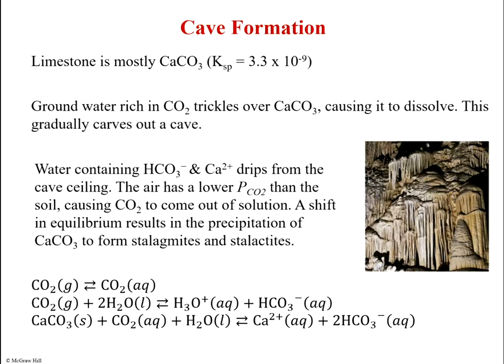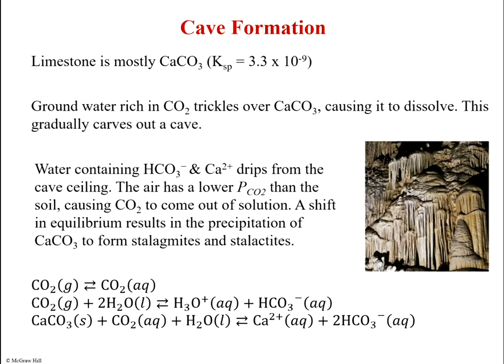As the carbon dioxide comes out, the solution becomes more alkaline because the acid is leaving, and then we get calcium carbonate reprecipitating. So remember before on the previous slide, when we added acid, we formed more product. If we remove the acid, we'll form more reactant, that is the calcium carbonate.